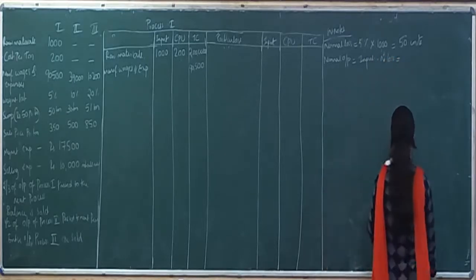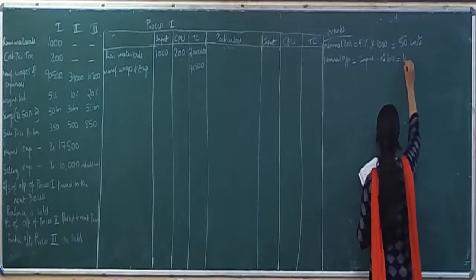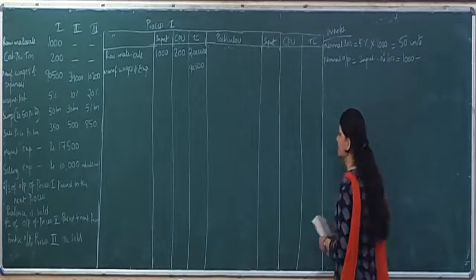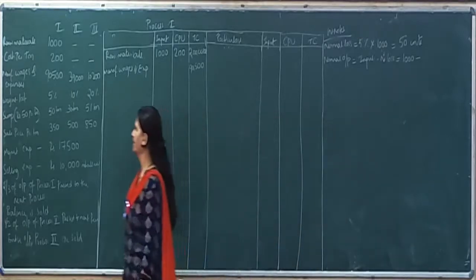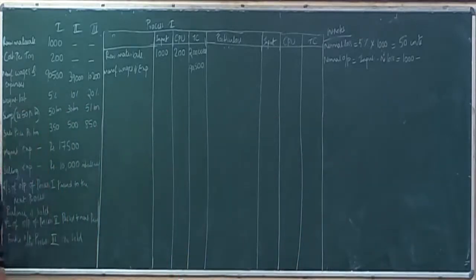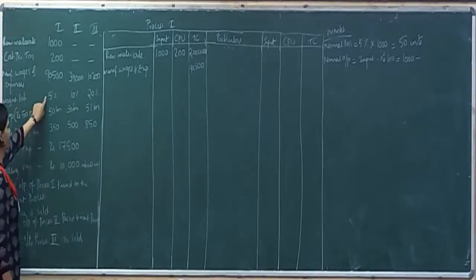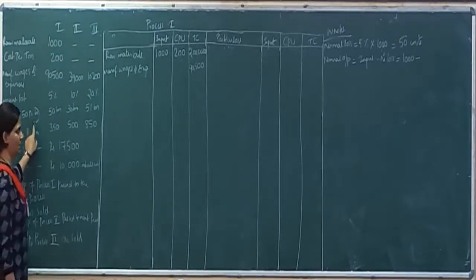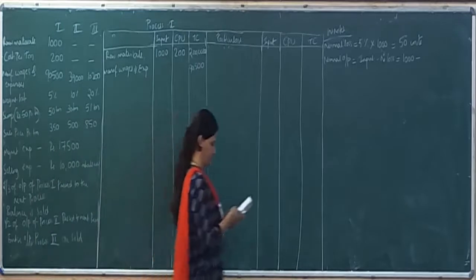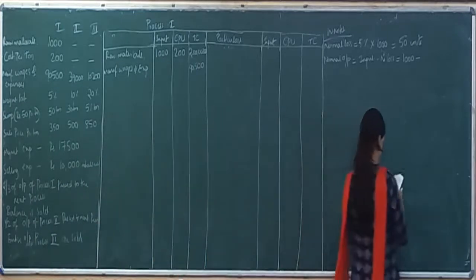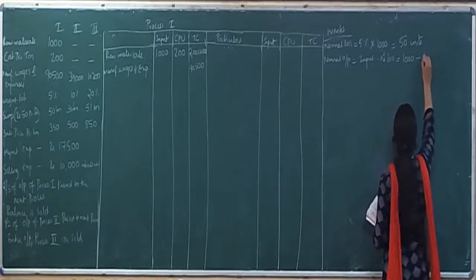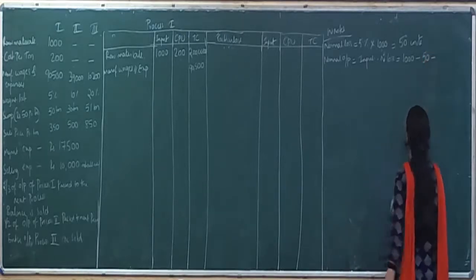Input is 1000. Weight loss is 5% that we have written, and the scrap is rupees 50 per ton. So normal loss is 50.